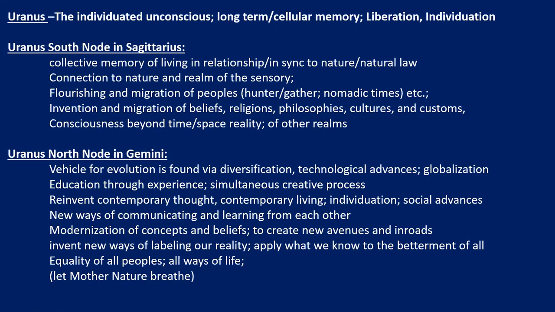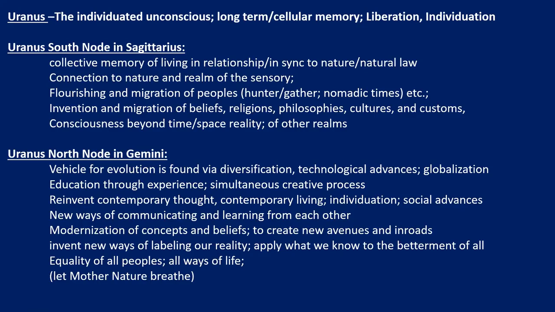The North Node in Gemini, the vehicle for evolution, the toolkit forward, is found through diversification. Diversification of the gene pool was one way that humanity was able to survive and multiply, right? So that's one thing here.